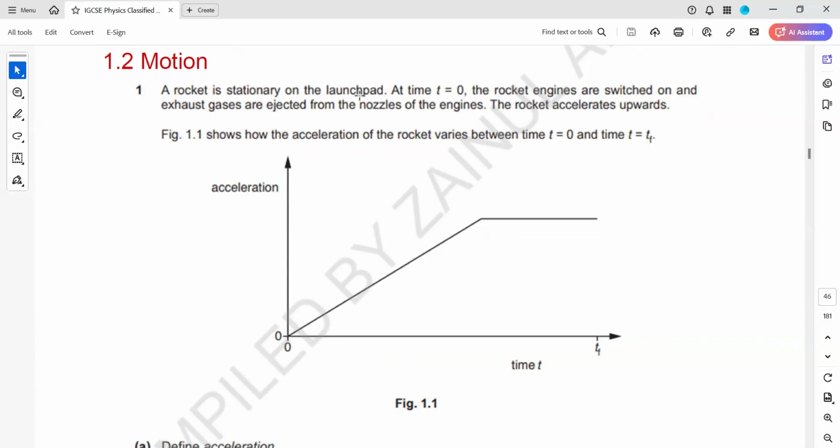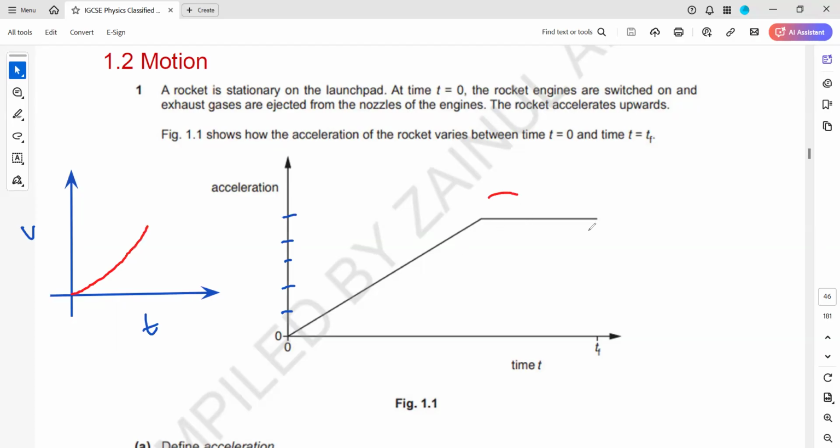If I want to make a speed time graph for this, the value of the acceleration is increasing first on the y-axis and then the acceleration is not changing. So how do I draw increasing acceleration on a velocity time graph? A curve, with increasing gradient.